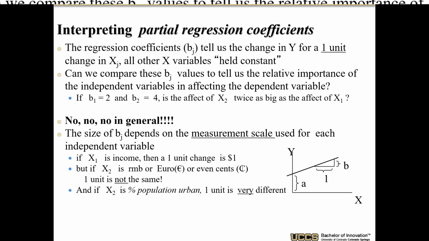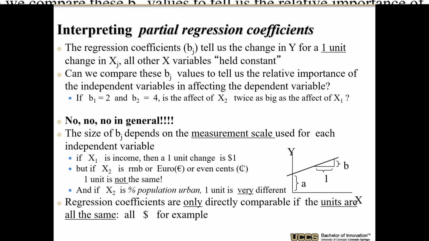So if I have 2 dimensions, 1 in meters and 1 in centimeters, I will generally expect the centimeters to have a smaller coefficient because it's already multiplied by a large number. So we have to be very careful how we deal with multiple dimensions. So regression coefficients are only directly comparable if the units are all the same.